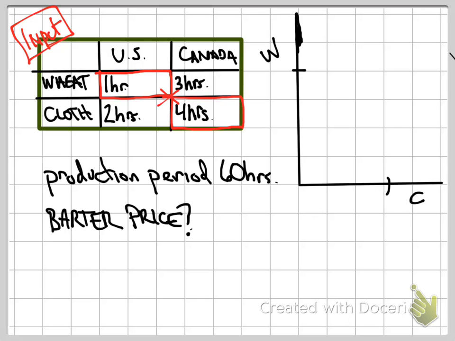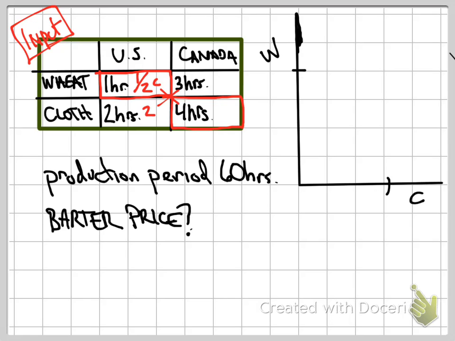But in order to figure this problem out, we're going to have to actually identify the opportunity cost of the production of each for both countries, because right now we don't know what is going to be a beneficial term of trade. So even though we know the comparative advantage, we can figure out the opportunity costs by looking at it this way: 1 unit of wheat would cost the United States 1/2 unit of cloth, again because we're looking at this as an input example.